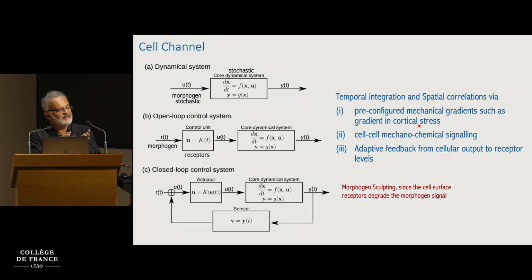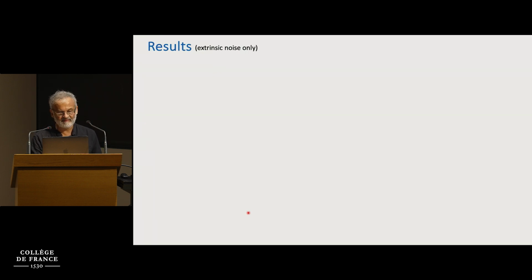And even though I've talked about cell autonomous computation, the fact that the output can be fed back onto the surface levels gives rise to a sort of cell-cell communication. And you'll see the effect of that in the eventual way the profile of the surface receptors is generated.